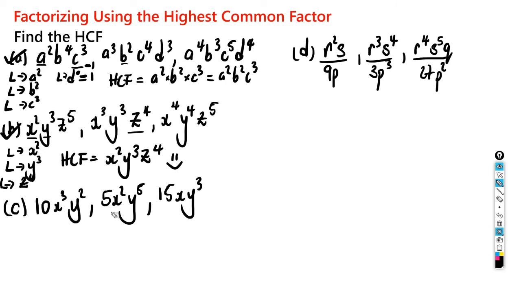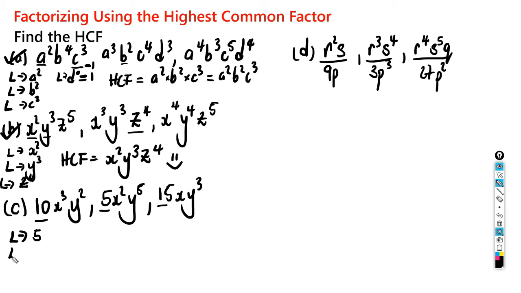Then for this one here, we'll have some numbers. So we're going to find the highest common factor for 5, 10, and 15. And in that case, it's obviously 5. 5 can go into 5, making 1. 5 can go into 10, making 2. And 5 can go into 15, making 3. So we'll do the one with the numbers first.